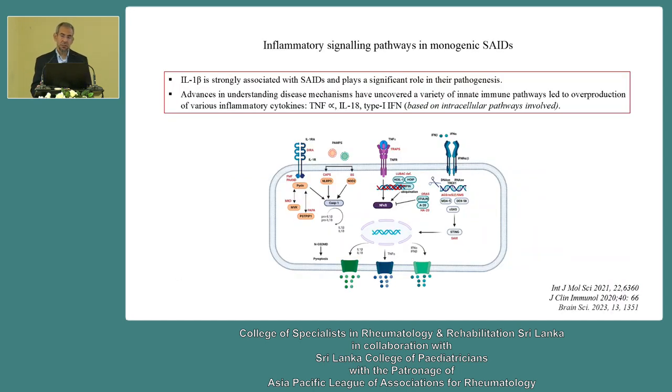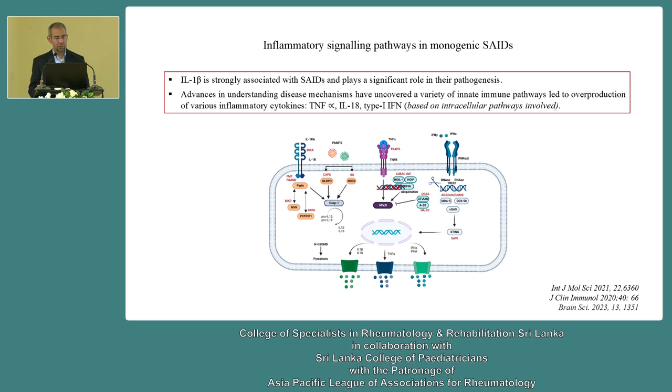As I said, the interleukin-1 beta discovery made a landmark in the map of autoinflammatory disease. It has a strong association with systemic autoinflammatory disease and plays a significant role in their pathogenesis.